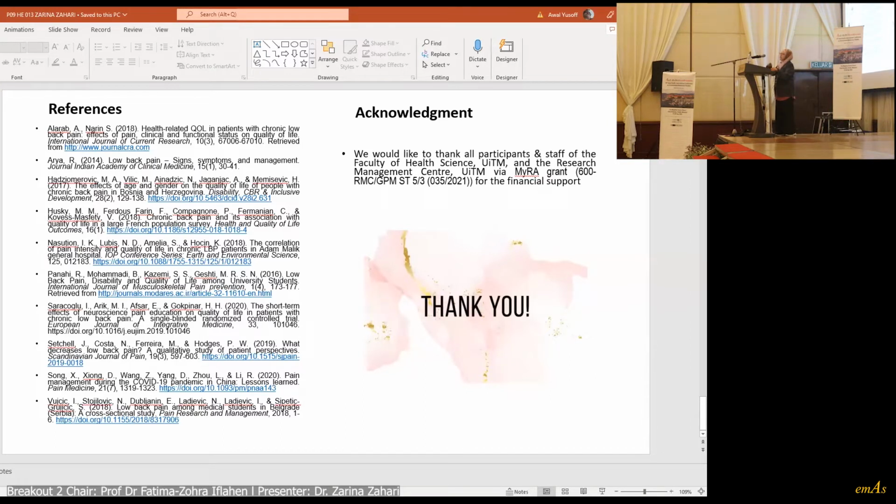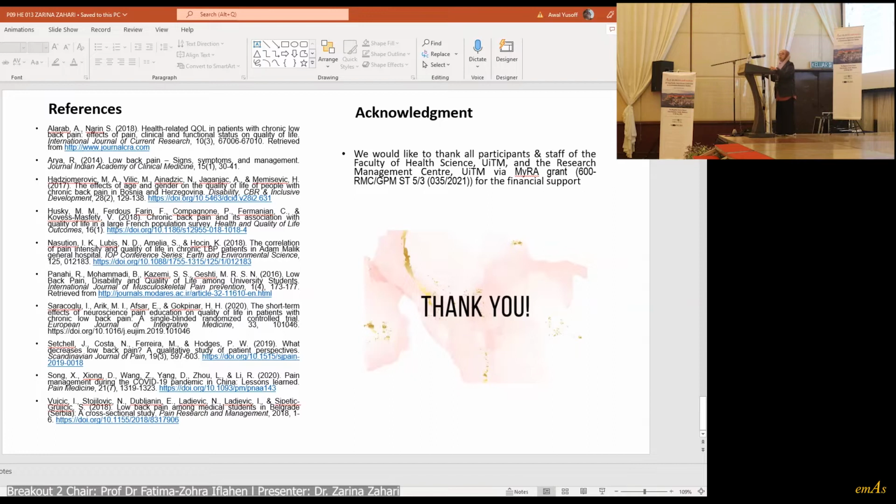But to my understanding, and from the previous research, what we found was that we need to provide sufficient knowledge to everyone, especially to the people in the community, on the understanding of low back pain itself, on the anatomy of low back pain: what are the structures that should be or could be involved among those presenting with low back pain.